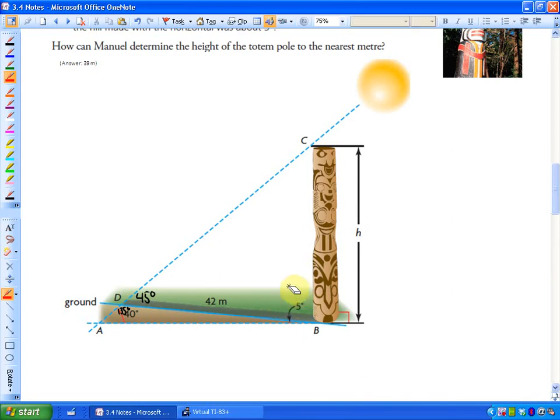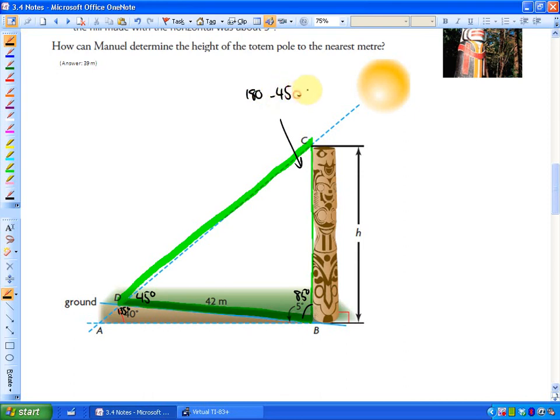And finally, if I'd like to, maybe I'll use black here. Finally, it might be useful to find the angle at the top of this triangle here. In this triangle right here, we now have a 45-degree angle and an 85-degree angle. So this angle up here has to be 180 minus 45 minus 85, and that would be equivalent to 50 degrees.